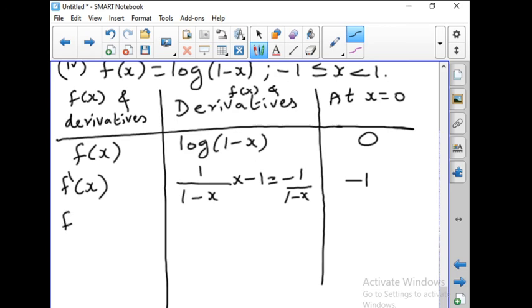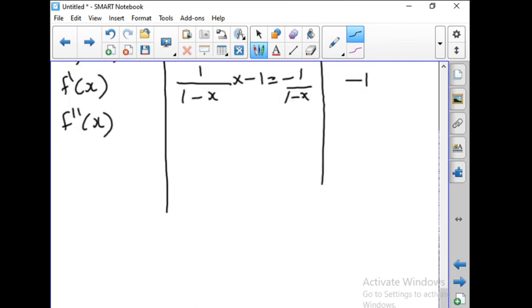Then you find f double dash of x. How can we write this? We can write it as minus of 1 minus x the whole power minus 1, so the differentiation will be easy.